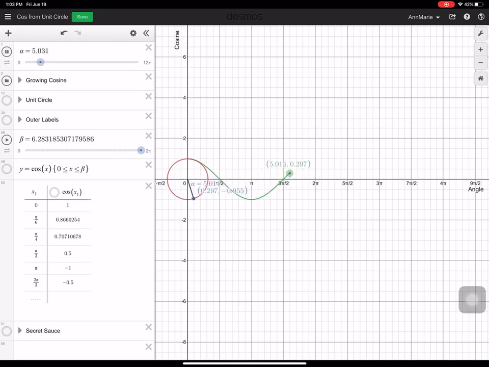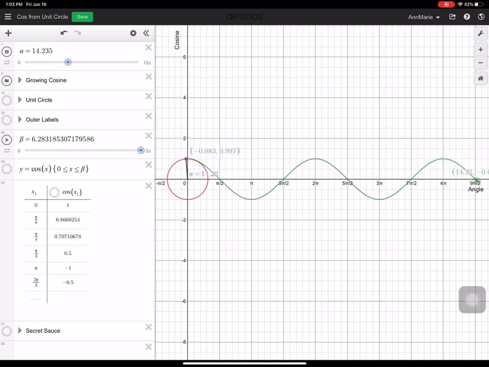Now, I've gotten to about 2 pi, and watch what's happening. The value at 0 and 2 pi is the same because we are going around the circle a second time. And this is one of the things I want you to notice: cosine repeats. And we're going to talk some more about this.